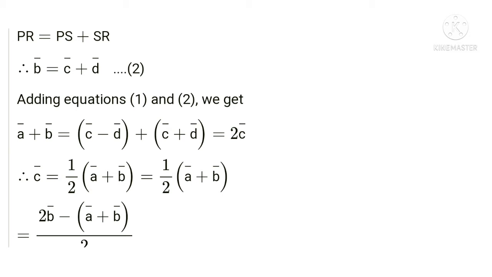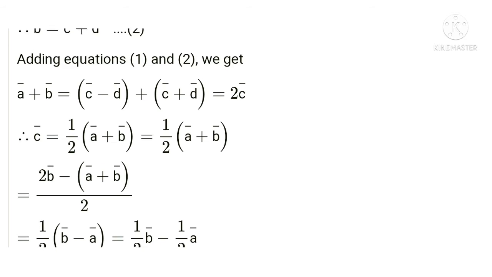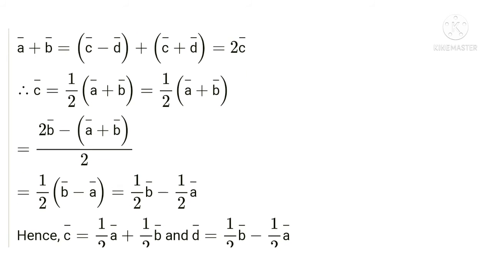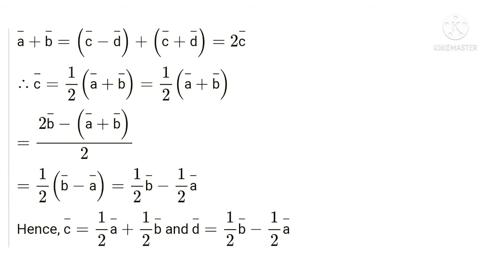We get A bar plus B bar is equal to C bar minus D bar plus C bar plus D bar. Here D bar gets cancelled, so we get 2 C bar. From this we find the value of C bar.